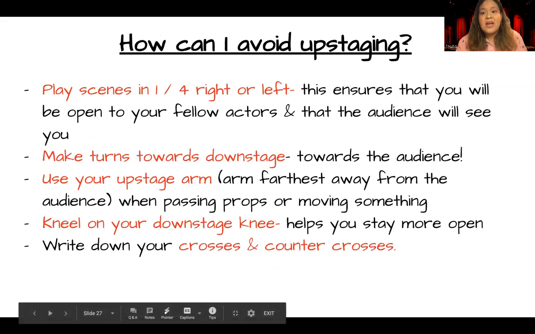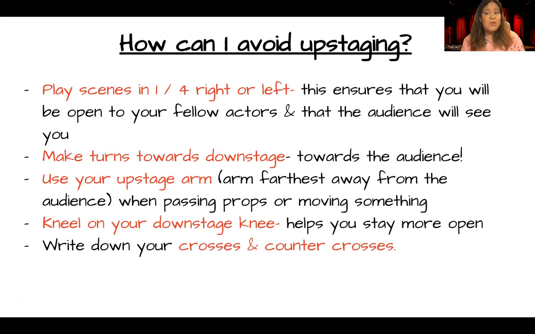So what are some of the ways that we can avoid upstaging and covering? Because like I said, we really don't want to do those things on stage. The best thing to do is to perform your scenes in quarter position. So remember, I'm going to stand up really quick for this one. Full front, we're facing completely forward. Quarter is when you're turned slightly on a diagonal, right?